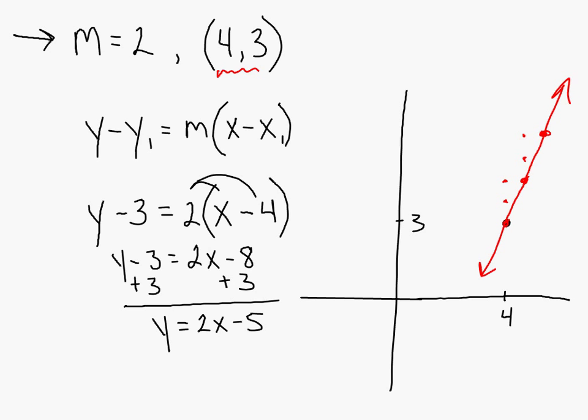Negative 5. Okay. You're eventually going to be asked to write equations of lines that are perpendicular, that are parallel, that go through a point, or that intersect at a certain point. So having the understanding how to write equations in point slope form and slope intercept form will be very beneficial down the road.